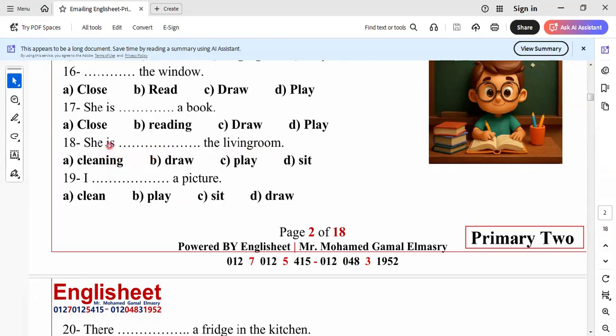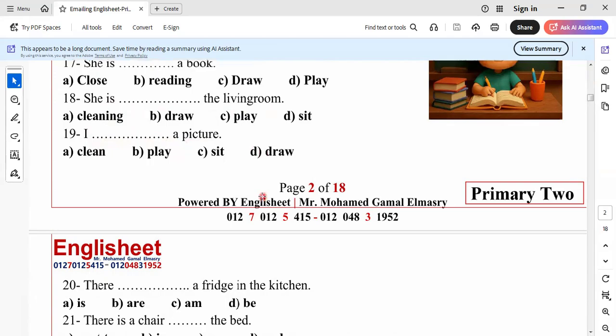So here it would be the verb to be. Am, is, are plus verb plus ing, and you need to use cleaning. I space a picture. I draw a picture.